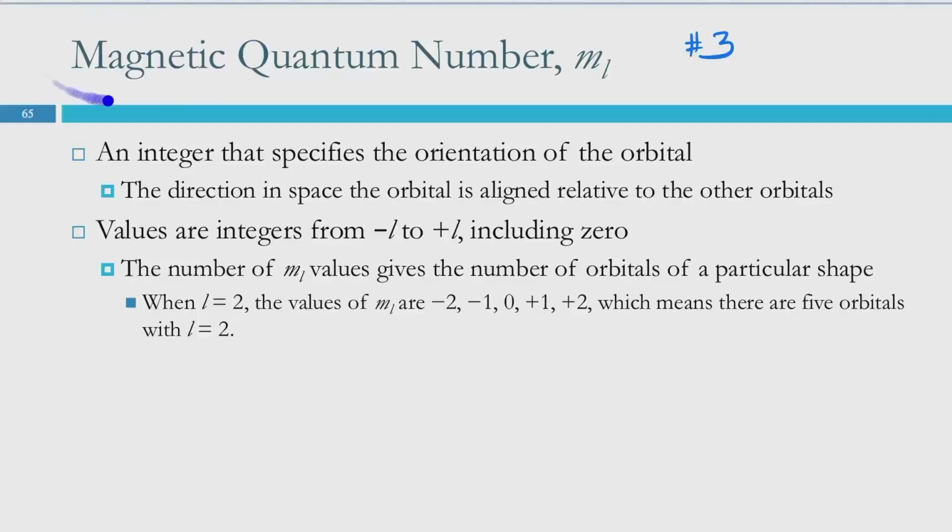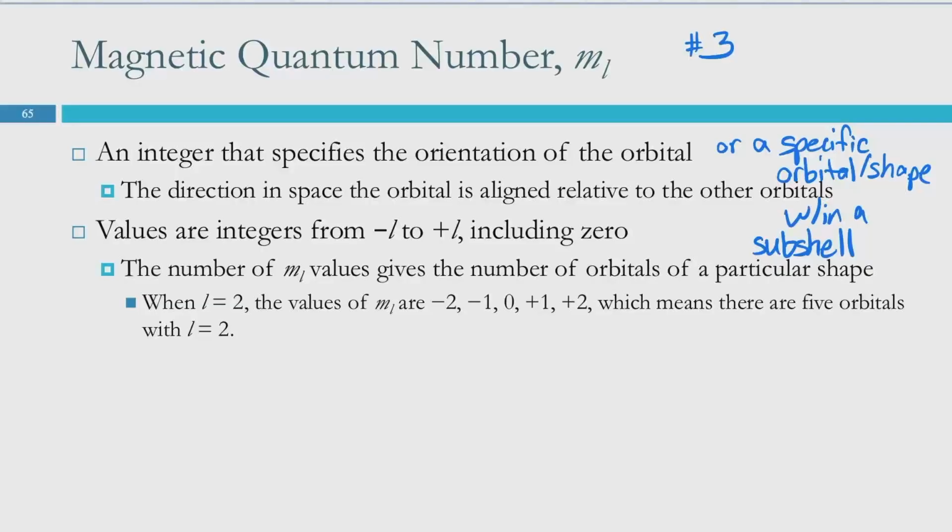Okay, our third quantum number. Our magnetic quantum number specifies the orientation of the orbital, or a specific orbital shape within a subshell or shape family.